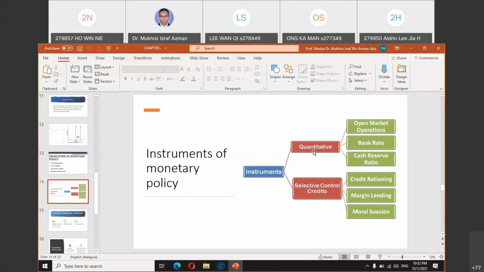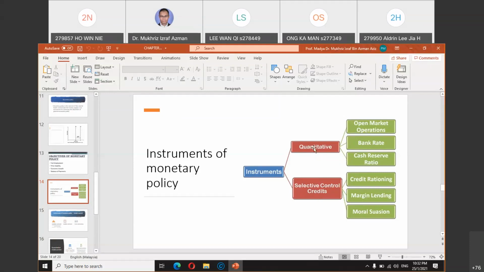You have two types, quantitative versus qualitative. Some books use quantitative versus qualitative. Basically you just need to know this component. No need to go too much into detail on what each of these items means, as long as you can differentiate what falls under quantitative and what falls under qualitative, or selective control.